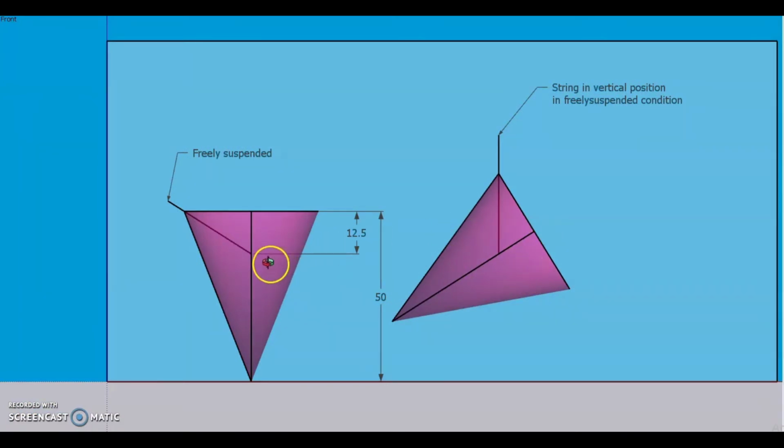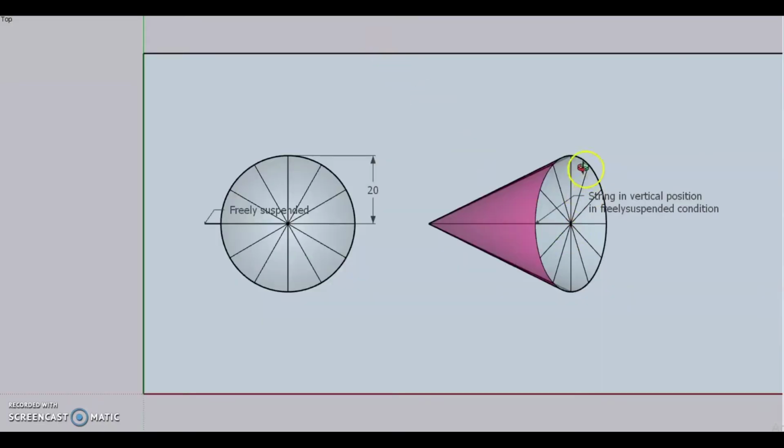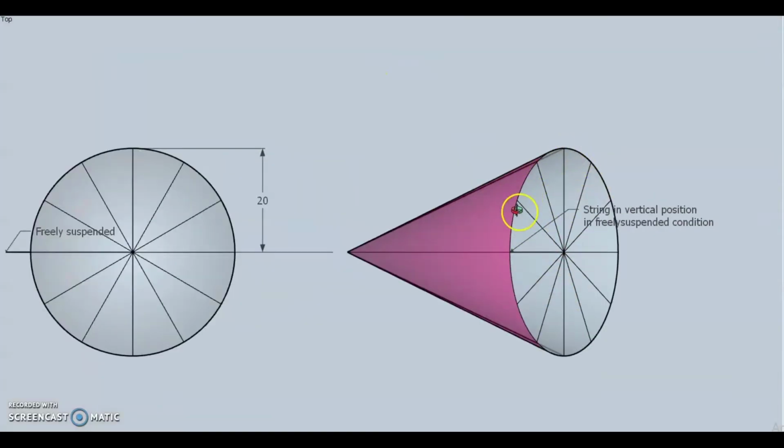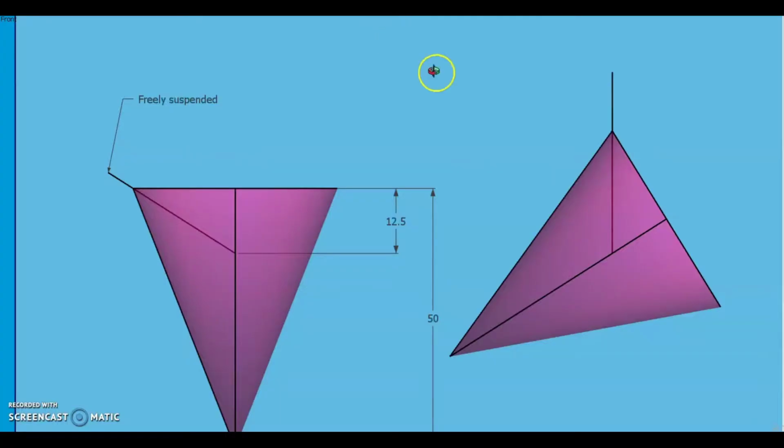Redraw the same front view in the freely suspended condition. Then its top view will become like this one. To draw this base which appears as an ellipse, we take the help of the projection points from this top view, and also the projections from the points in the downward direction.